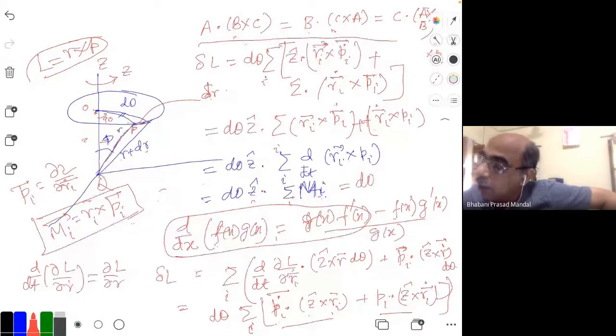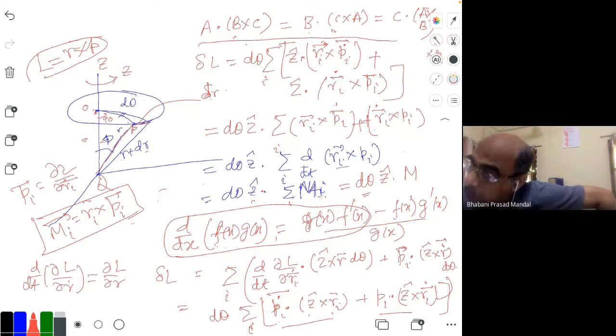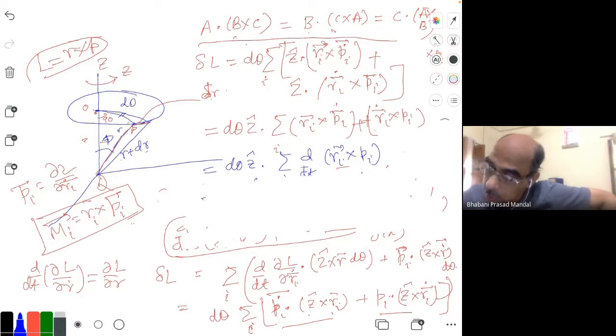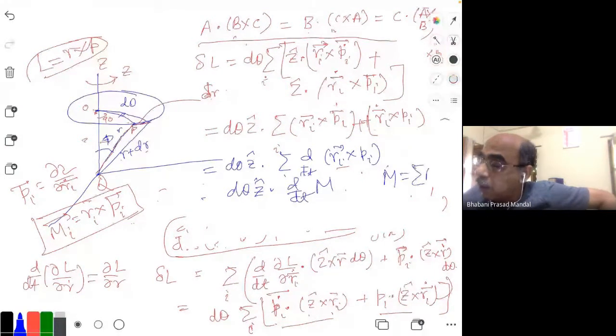So d theta dot this times total angular momentum. That means, no d/dt, sorry, this is angular momentum. There is a little mistake. Let me clear and write this step. d theta z dot d/dt of M, where M is the sum over m_i, all angular momenta.